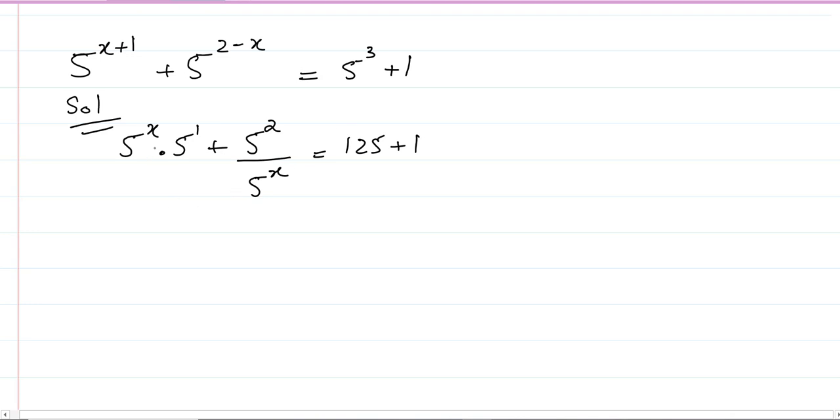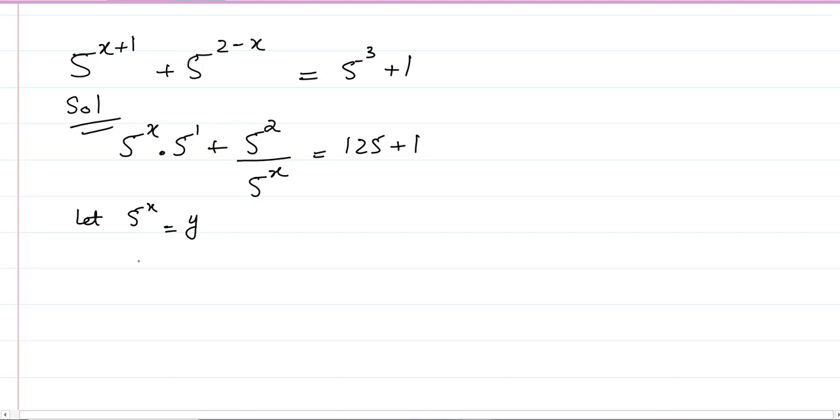Now as you can see, in this step we have 5 raised to the power x here and 5 raised to the power x over here. So what I'm going to do is let 5 raised to the power x equal some other variable. Let's call it y.